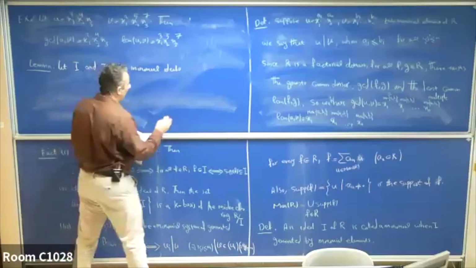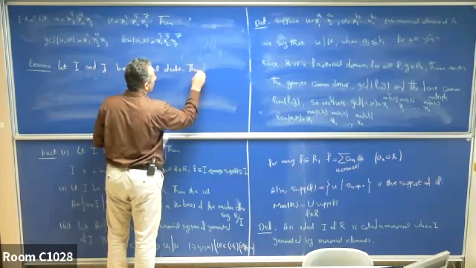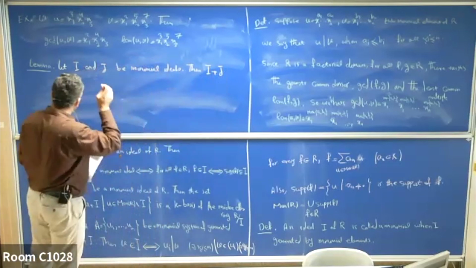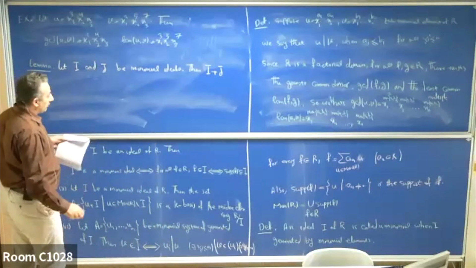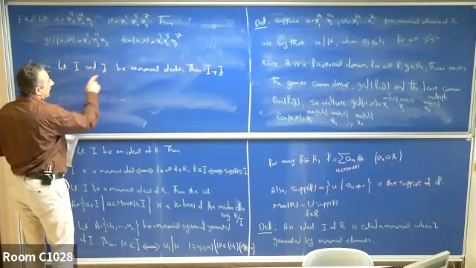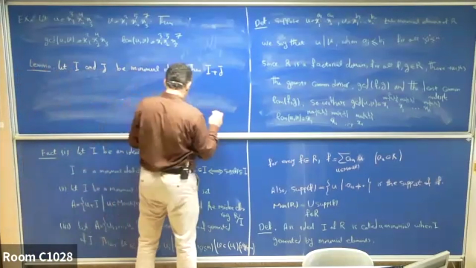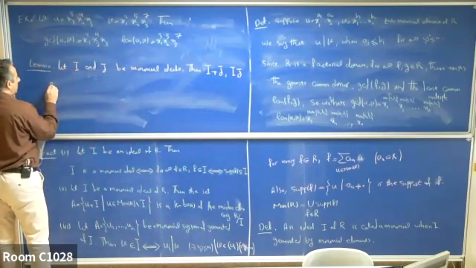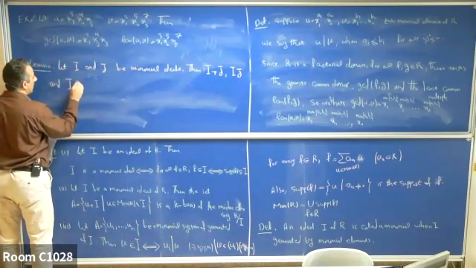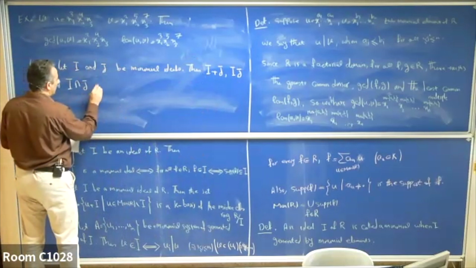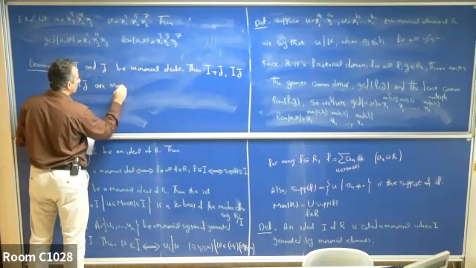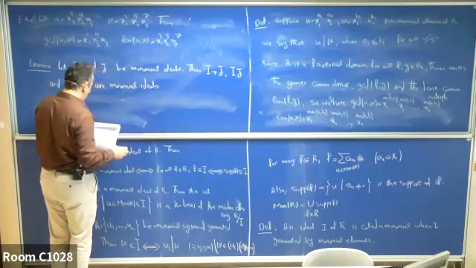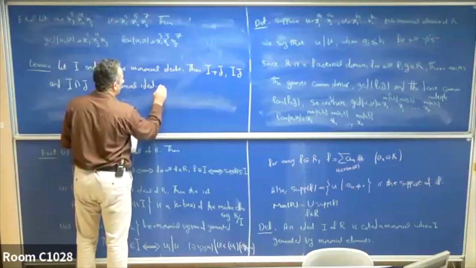This is the basic theorem for constructing monomial ideals. Then I plus J, I times J, and also the intersection I intersection J are monomial ideals.